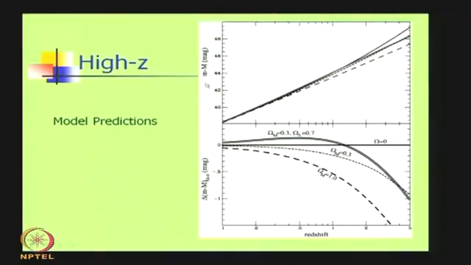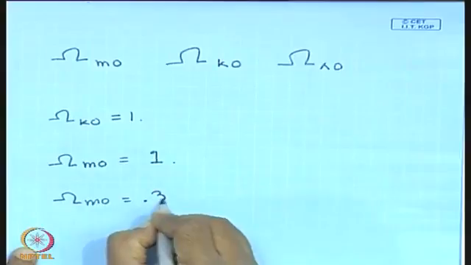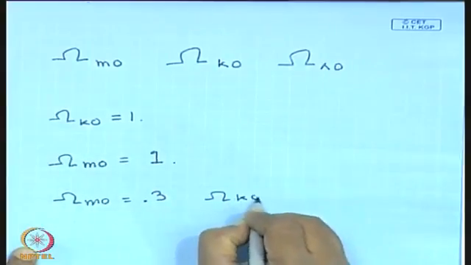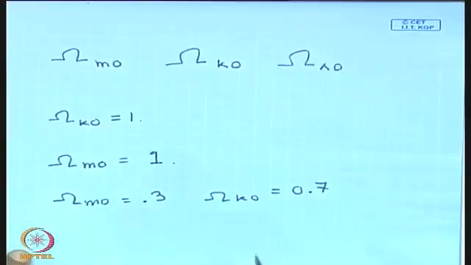This shows you how the luminosity distance varies with redshift. And then you have the dotted curve over here. The dotted curve has omega matter naught equal to 0.3 and omega curvature naught 0.7. Cosmological constant is 0, and that is the dotted line over here.